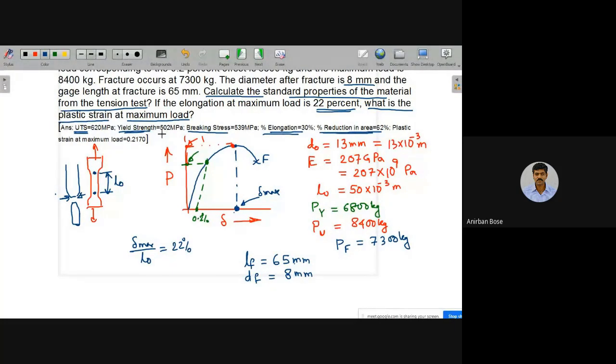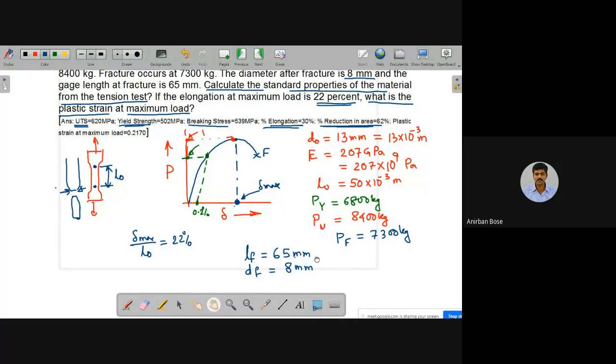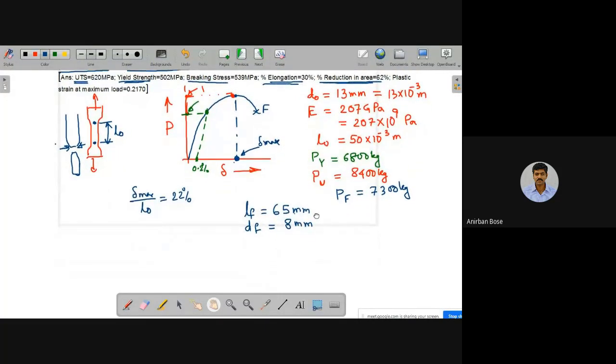To solve this problem one by one, let me keep this figure. One by one we'll try to find out these quantities. So first is the ultimate tensile strength. This is the first part, the solution.